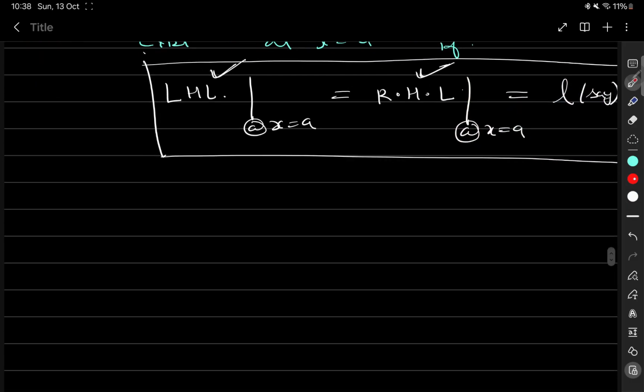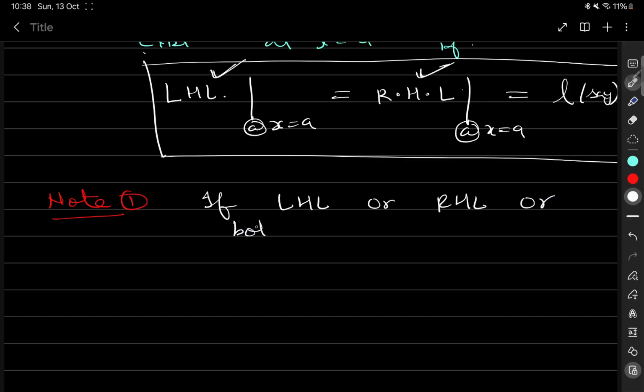Now, write some note points. First, if LHL or RHL or both do not exist, then the limit also does not exist.